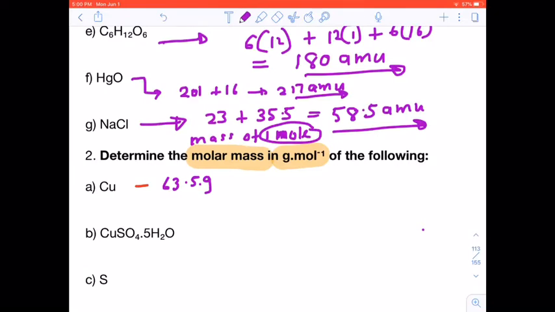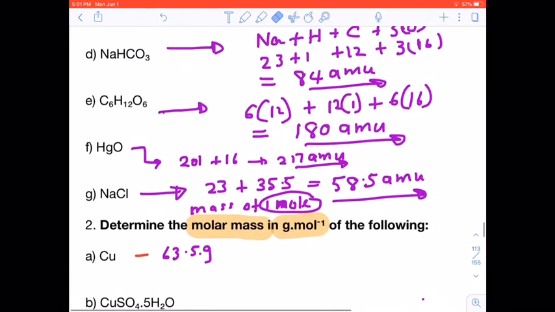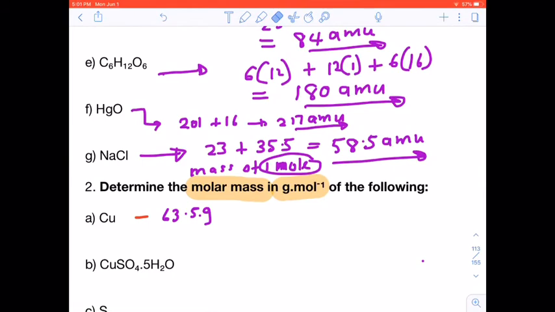And then copper sulfate, what would its mass be? It would be 249.5 grams. So we take its atomic mass unit and we express it in terms of grams.